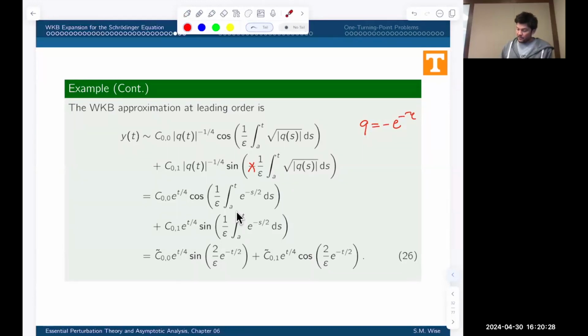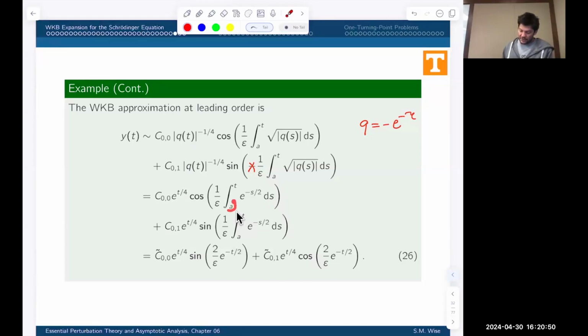If I take the square root of the absolute value of this function, I can integrate that exactly. So in the argument of the sine and cosine, I have to do this integral from a to t of e to the minus s over 2 ds. No problem, I can integrate that.